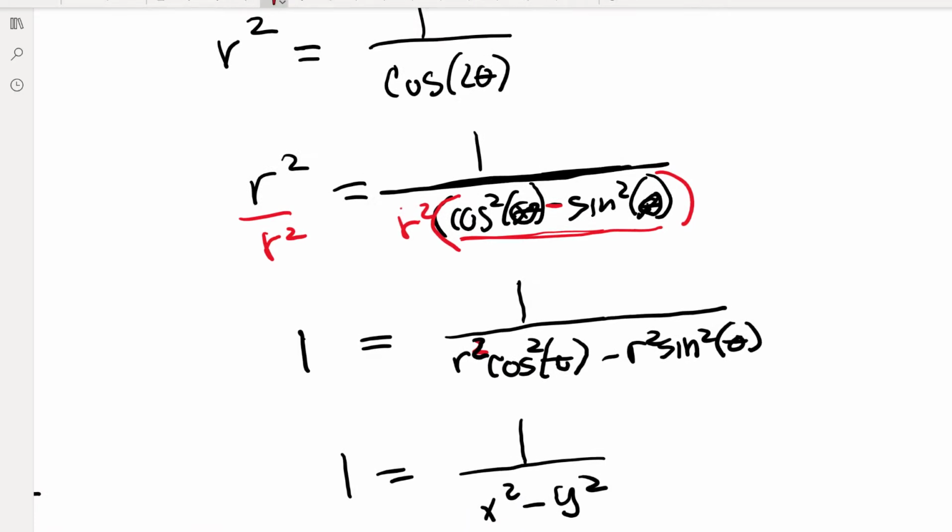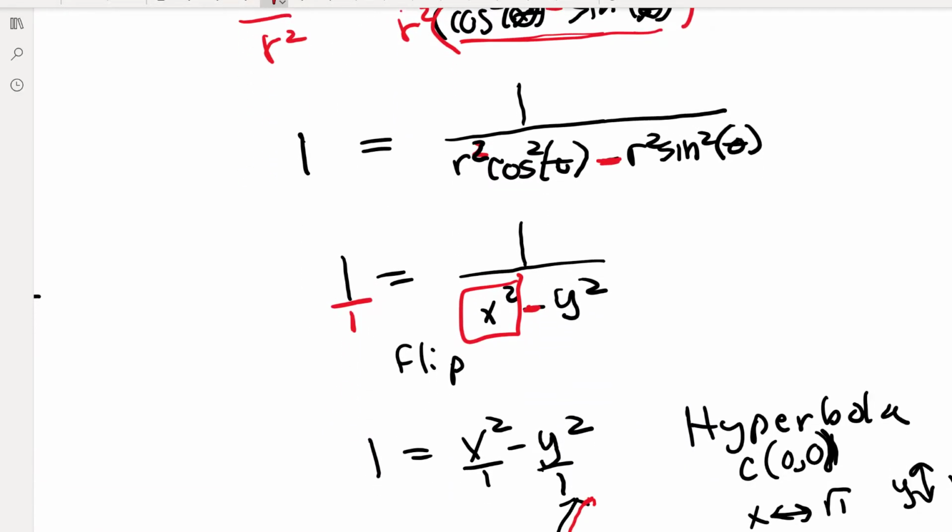And now look, I now have r squared times cosine squared converts to x squared, subtract, r squared sine squared converts to y squared, and I'm going to put this invisible 1 over here. Now that we have a fraction equal to a fraction, I can flip both sides. And now I just have 1 is equal to x squared minus y squared over the invisible 1.